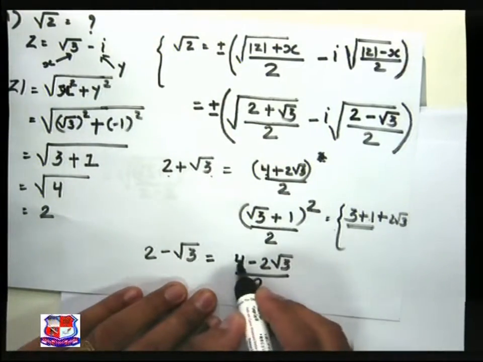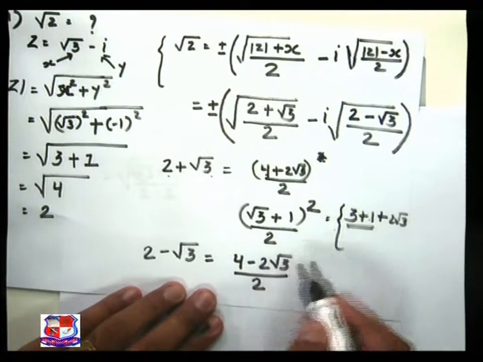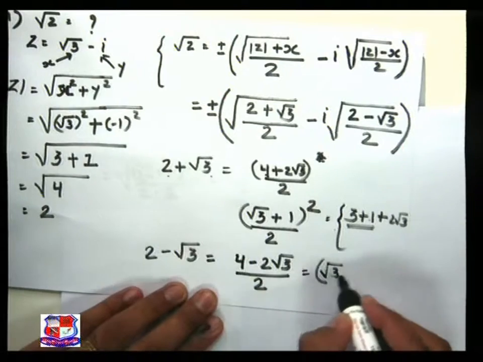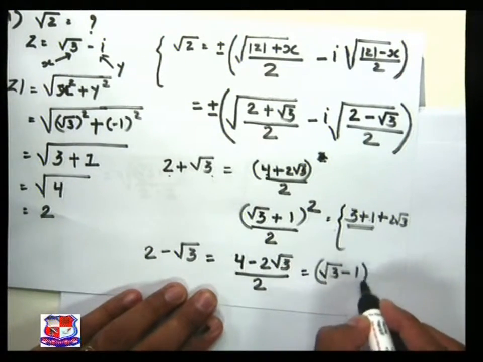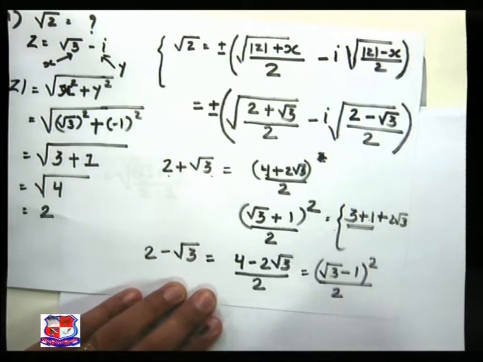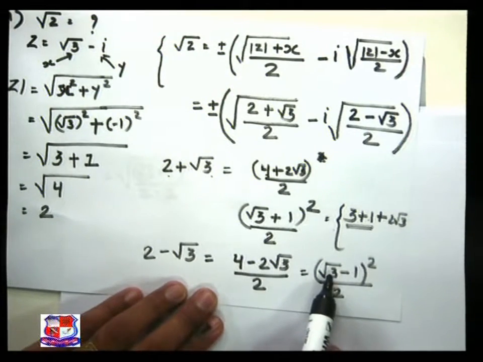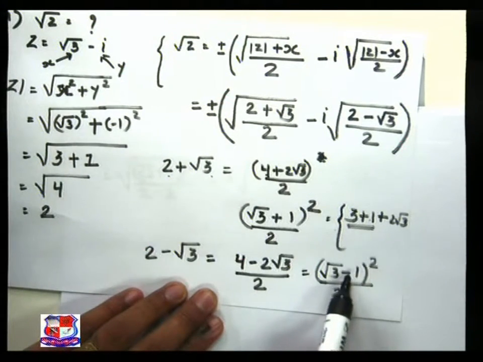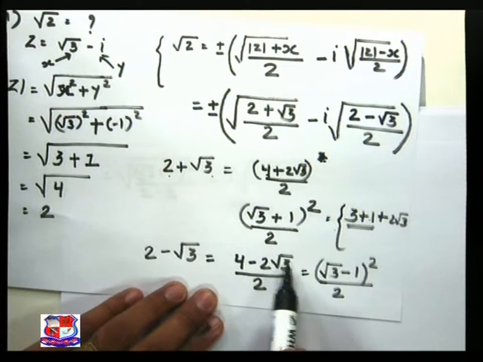So this term 4 minus 2 under root 3, we can write as (under root 3 minus 1) square divided by 2, because under root 3 square is 3, 1 square is 1, and the middle term becomes minus 2 under root 3.